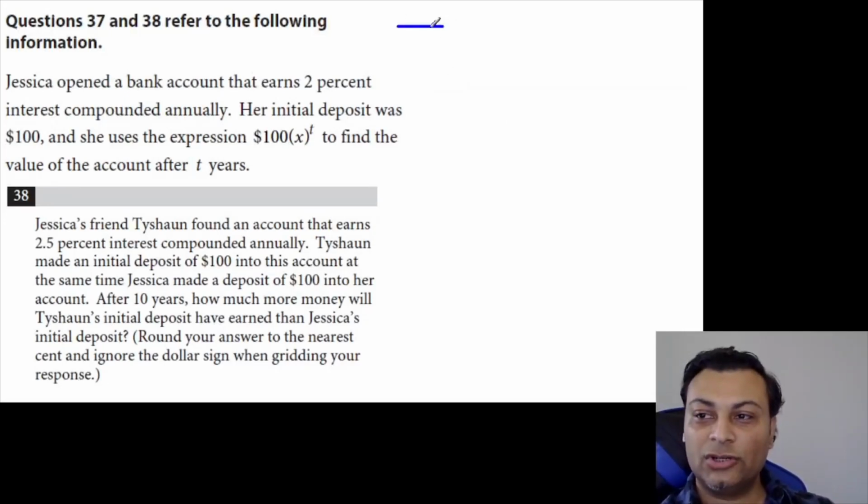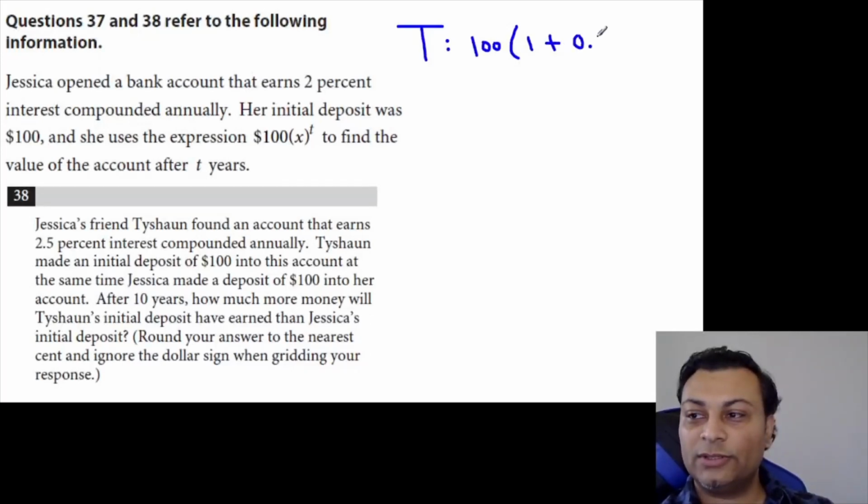So Tyshawn's account is going at 2.5%. That would be $100 times 1 plus, once again, use a calculator and you get 0.025.